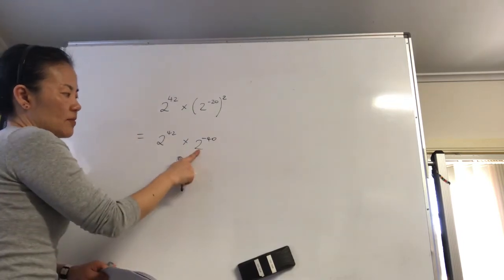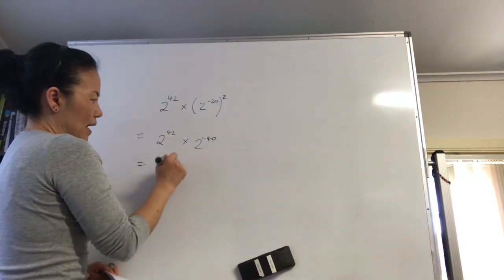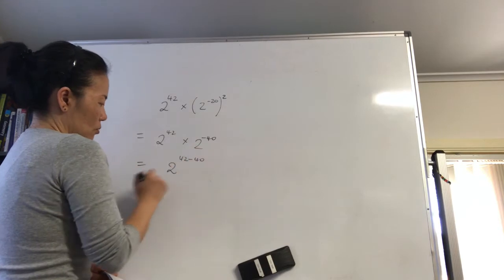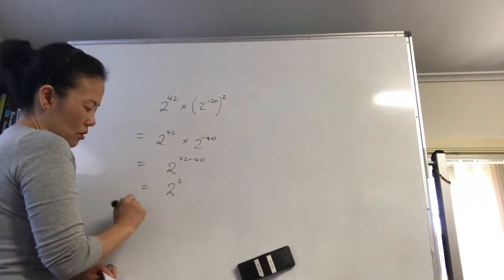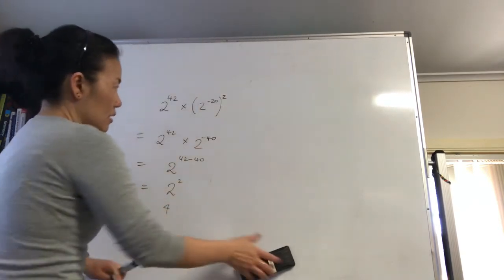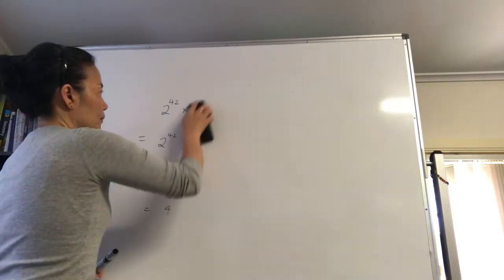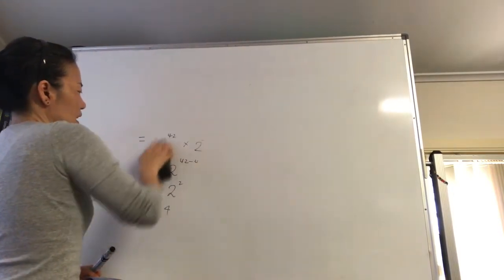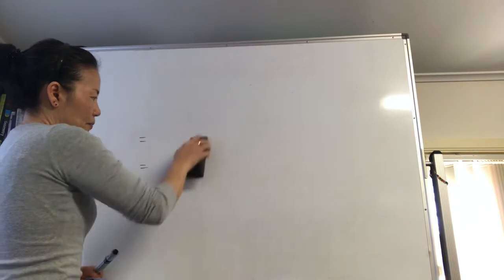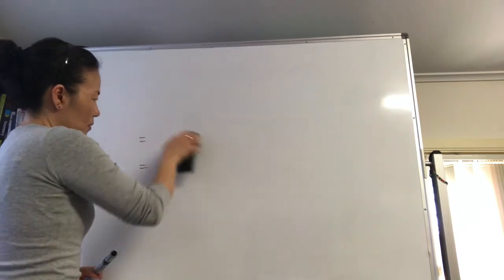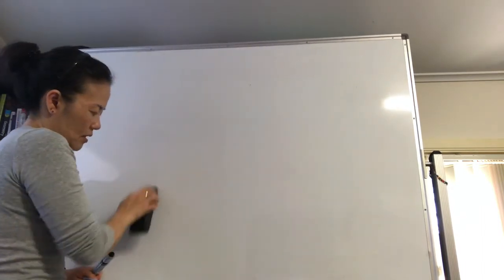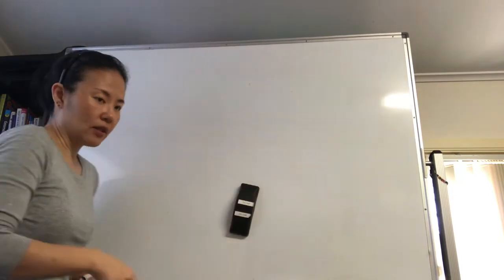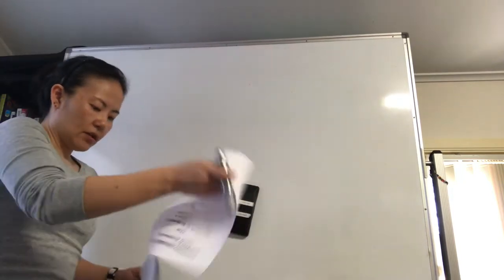Now, which is a times in the same base, you add the powers together, which will give me 2 to the power of 2, which is 4. So be careful with the negative. Even if it's a negative, it's a times, you add the power. And it's all possible because the base was the same. If the base was different, you can't do anything about it. Okay? Next one.